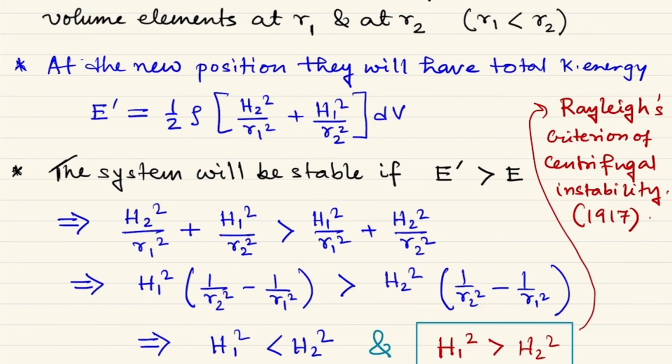Now since r2 is greater than r1, this term is smaller than that term, so this is a negative quantity, while h1 squared and h2 squared are positive because they are squares.